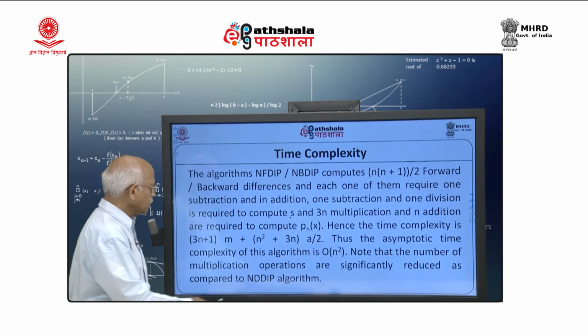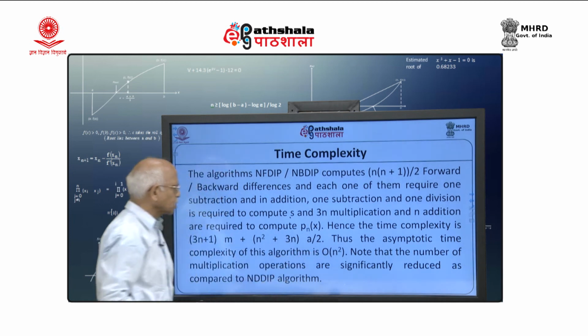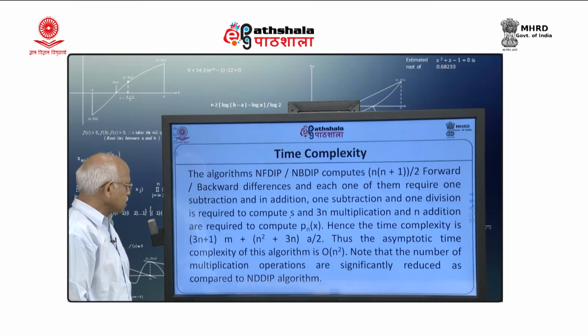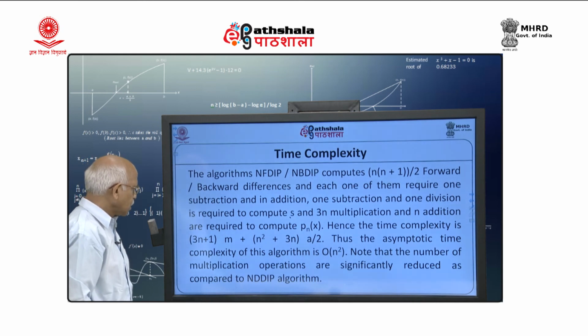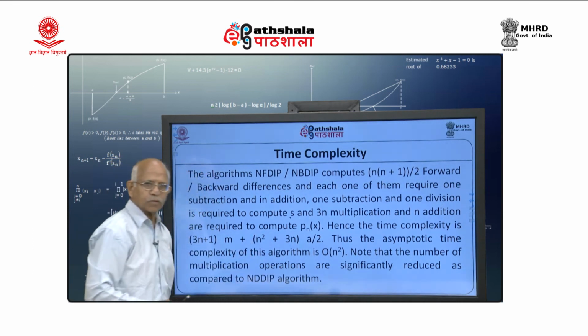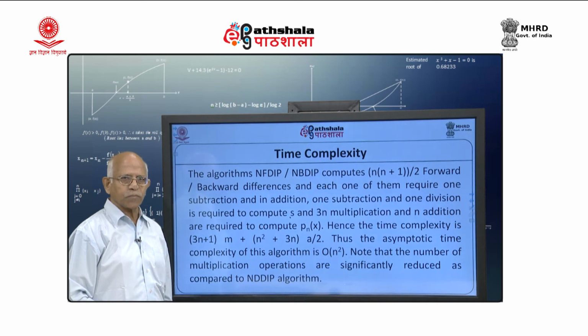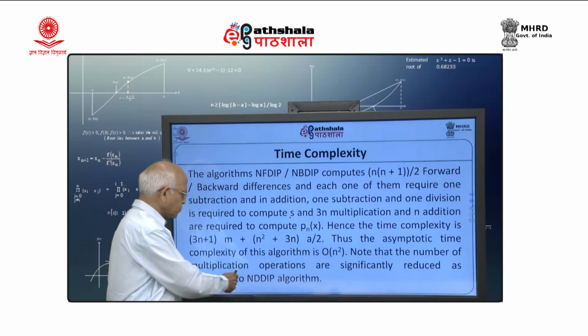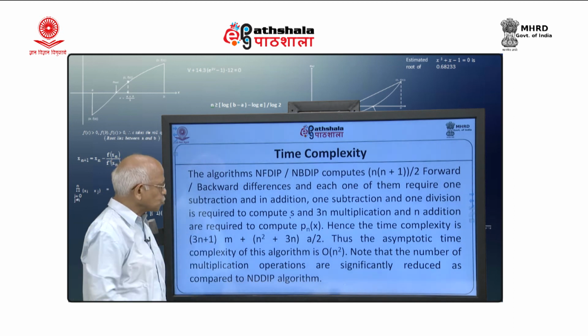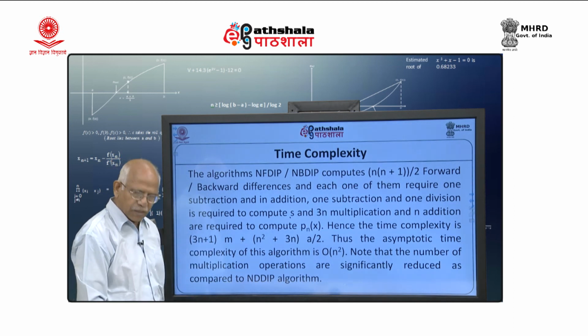So, it will be increasing like this. That is my asymptotic time complexity, and note that the number of multiplication operations is significantly reduced as compared to Newton's divided difference interpolating polynomial algorithm. If you compare the multiplication operations required in Newton's divided difference interpolating algorithm, that will be much more as compared to this, and you can verify that from your previous modules.